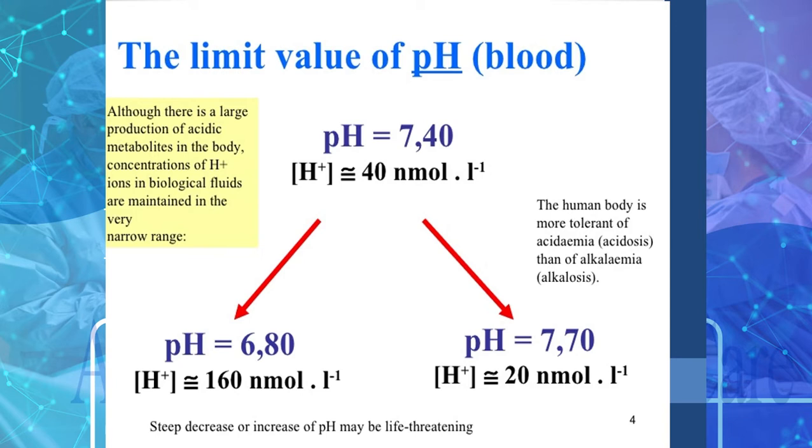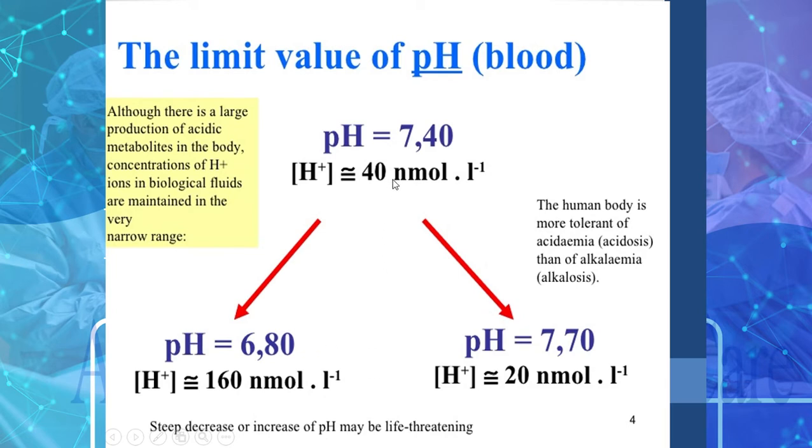Outside of this range there will be abnormality, but reaching 6.8 of acidosis will be incompatible with life. If the pH is reduced to more than 6.8, at that pH the hydrogen ion concentration will be 160 nanomole per liter. This will be incompatible with life.